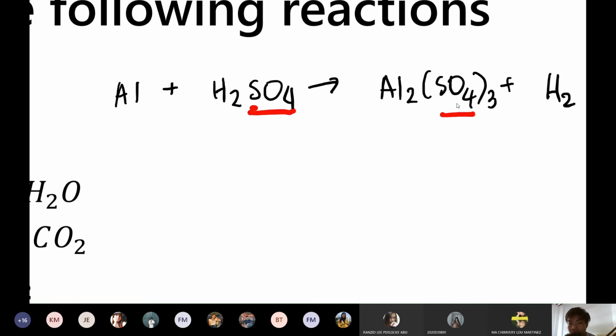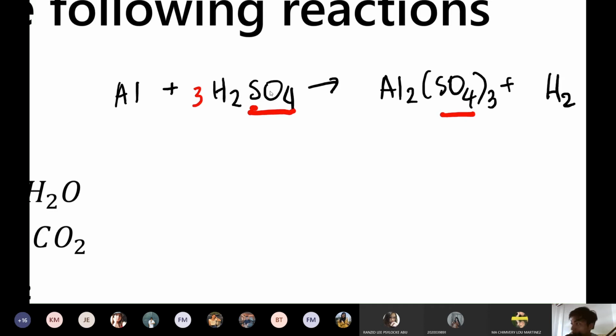How? Easy lang. You just introduce a coefficient dito sa formula with SO4. So, since tatlo to, I will multiply this by 3. I-multiply ko yung formula na yan by 3 to balance the SO4s. Para may tatlo ring SO4.